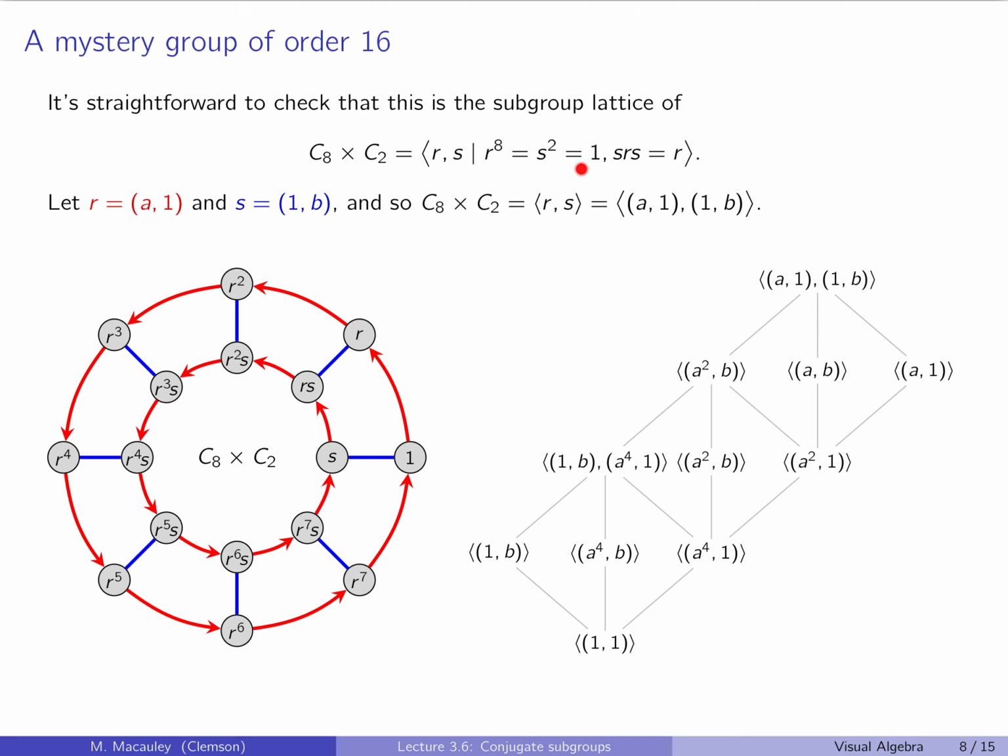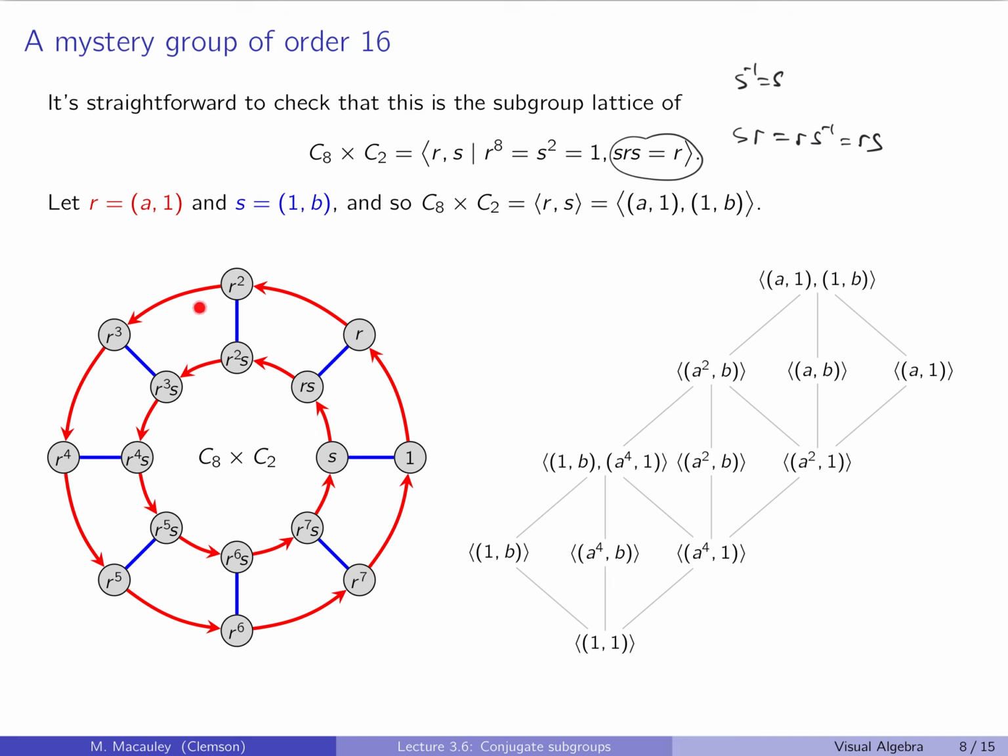It takes a little more work to show that these don't have order less than that. And SRS equals R. So if S has order 2, then S inverse equals S. So what this is really saying is that SR equals R S inverse, which is RS.